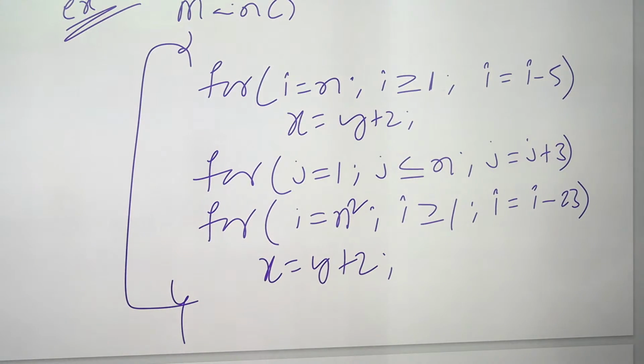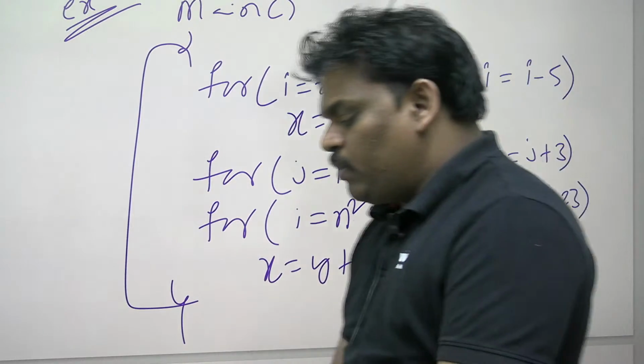For i equal to n square, i greater than or equal to 1, i equal to i minus 23, x equal to y plus z. It is a nice problem. Can you try once?